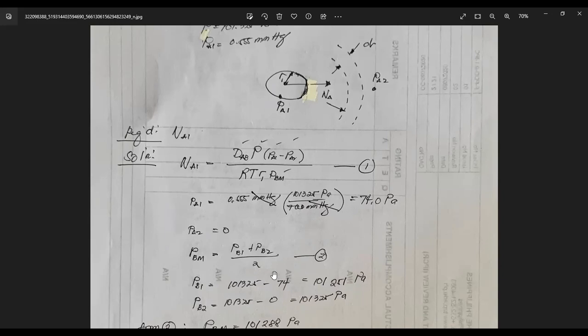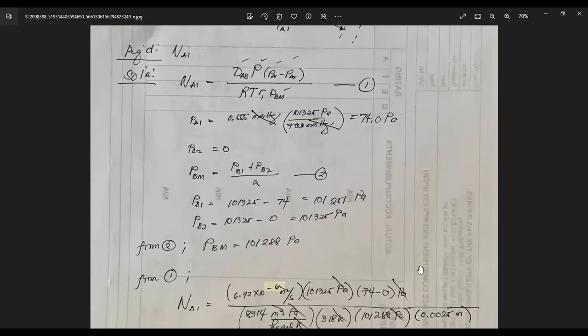So you have the partial pressures of naphthalene subtracted from the total pressure. You have to get the P sub B1 and the P sub B2. So your partial pressure here is subtracted from the total. So you have this and get the average. That's it. And then you substitute.